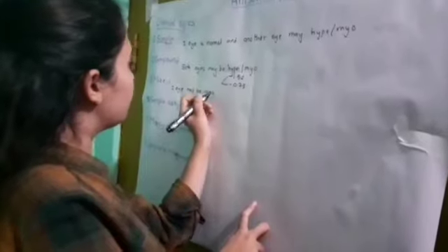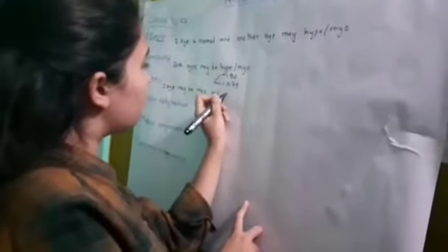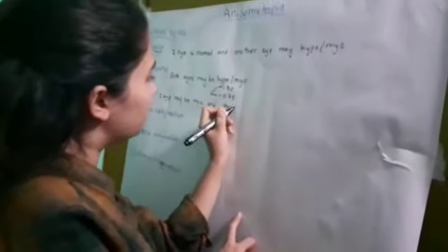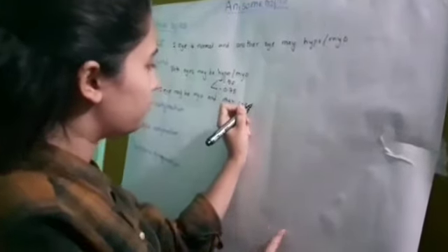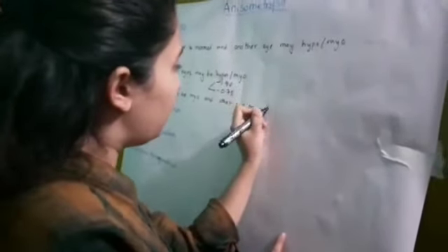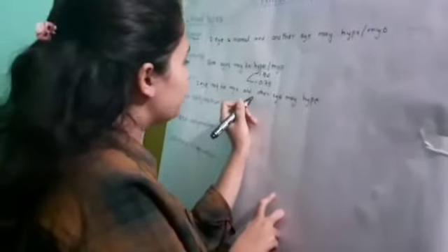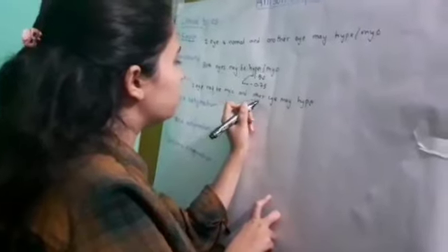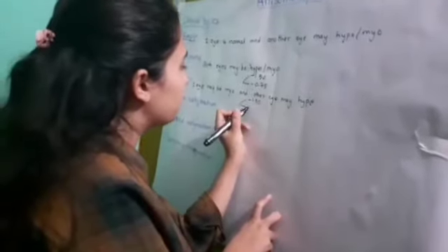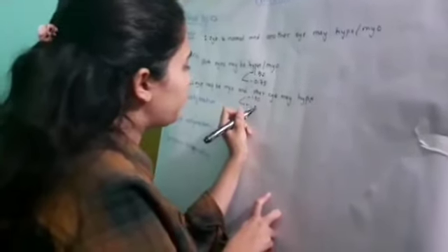In mixed anisometropia, one eye may be myope and the other eye may be hyperope. For example, one eye may be minus 1.50 diopter and the other eye plus 1.50 diopter.